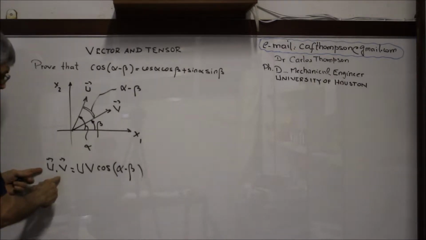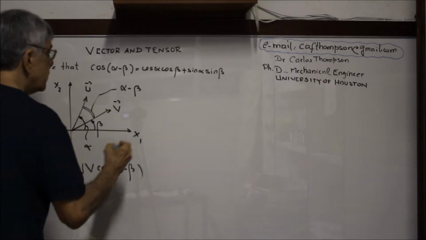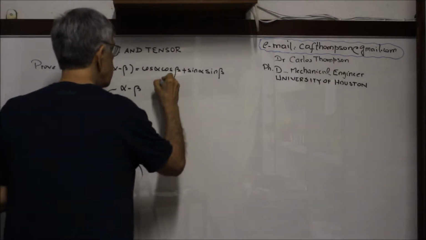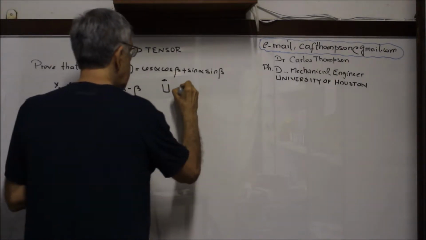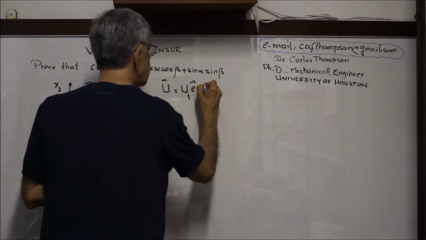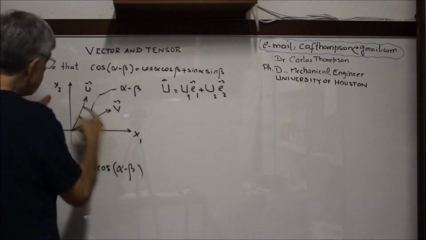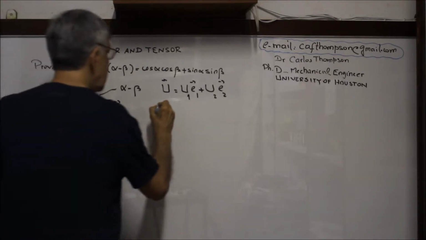Now, the left hand side, we can write u is equal to u1 e1 plus u2 e2, on the x1, x2 plane.